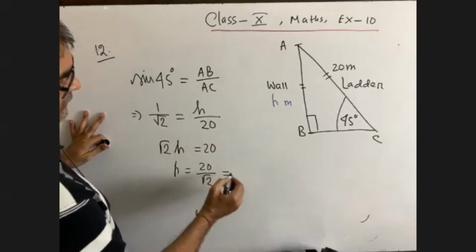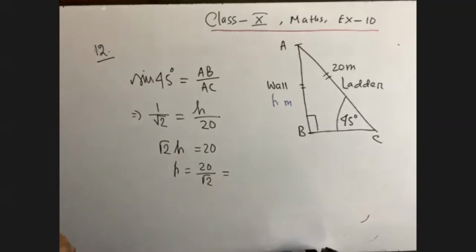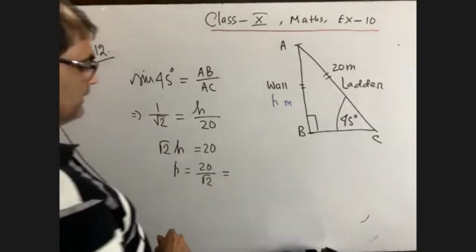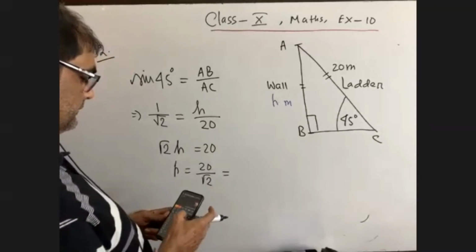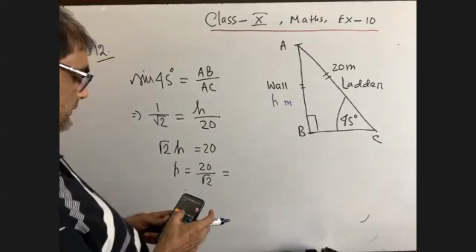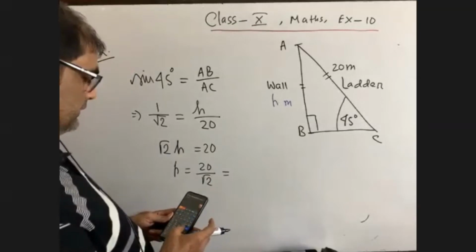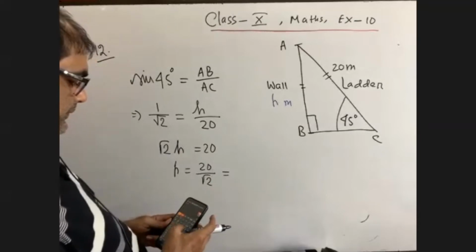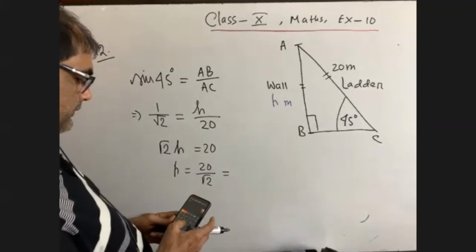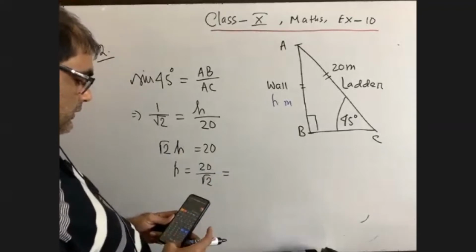Now use the calculator. 20 divided by root 2. 10 root 2. Wait. 14.1421. Just wait.